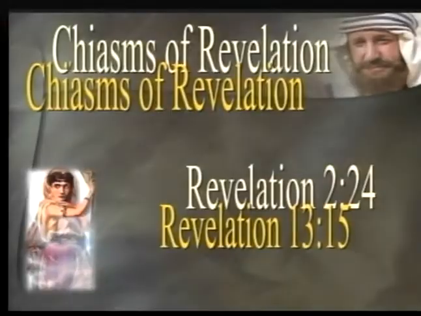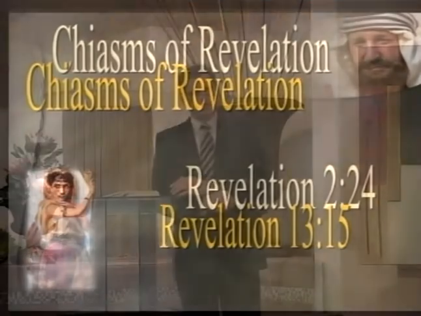Now, let's take a look if this forms a reflection. If we can start looking at the type and the antitype of chapter 2 and chapter 13. What do we find? And now we're going to go in reverse order with them.